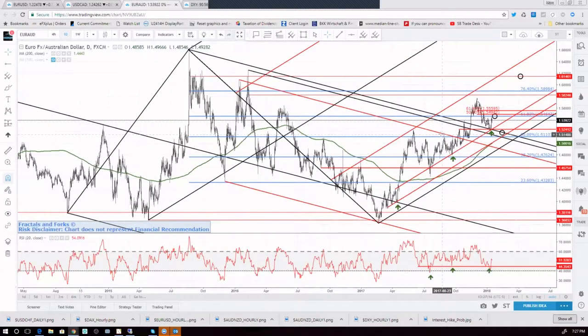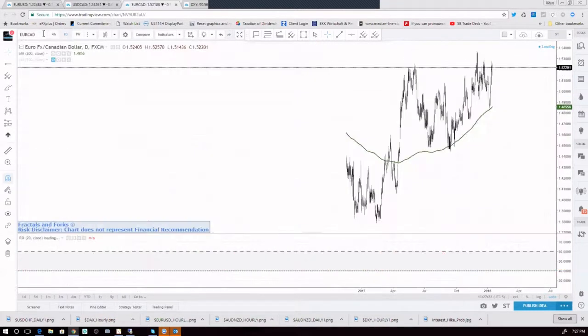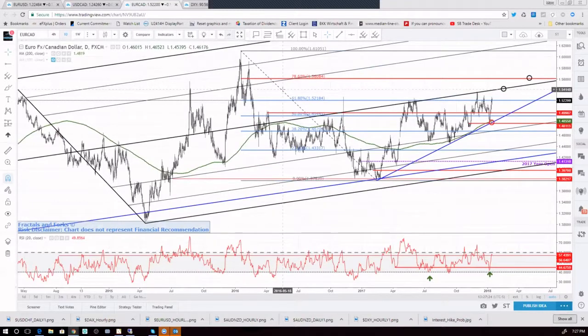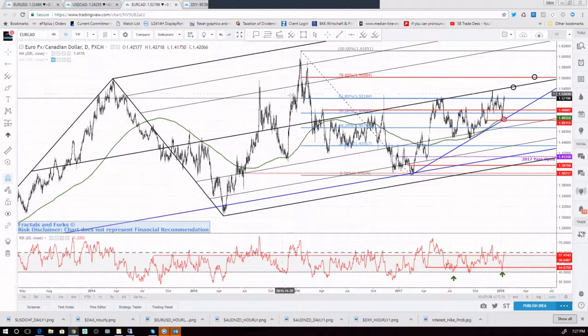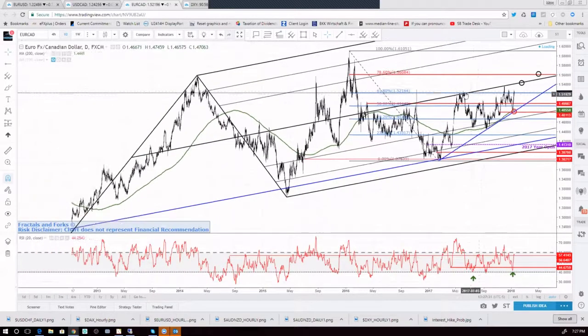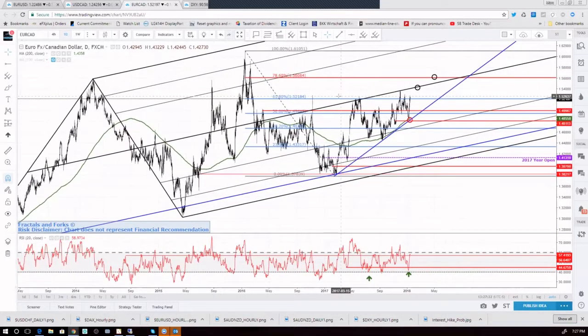And the same as with euro yen and probably, well, euro CAD. So all the CAD pairs either at resistance, like this one, and just waiting for the big drop, or continuation. I mean, we already touched the median line here. We rejected it.